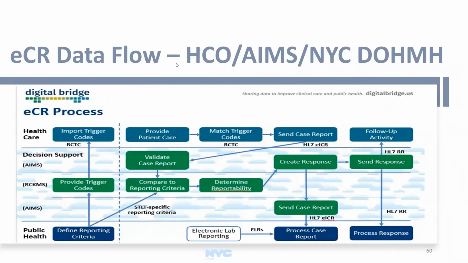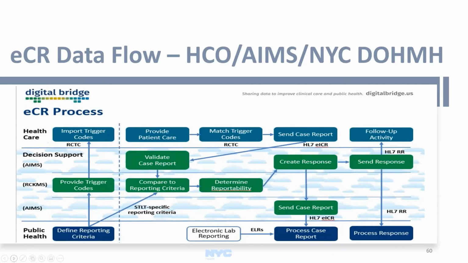Next slide. This diagram displays the data flow for ECR, starting from healthcare organizations to AIMS and then to New York City DOHMH. In the swim lanes, we have the healthcare organization, the decision support intermediary AIMS, RCKMS, and public health. The Association of Public Health Laboratories' Informatics Messaging Services, known as the AIMS platform, validates and routes data to public health from the provider's EHR system.